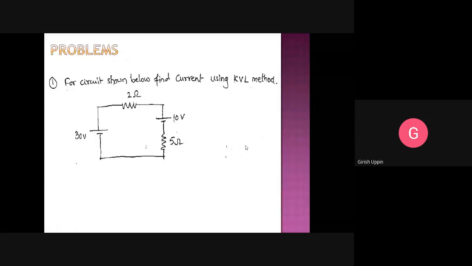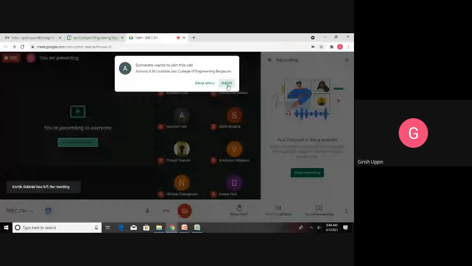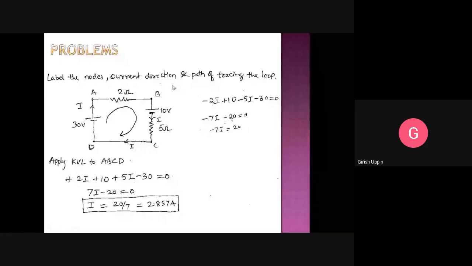V is equal to I into R. So we know V is 20, equal to I into 7, or I is equal to 20 by 7, which is 2.857. That is using the simple analysis.